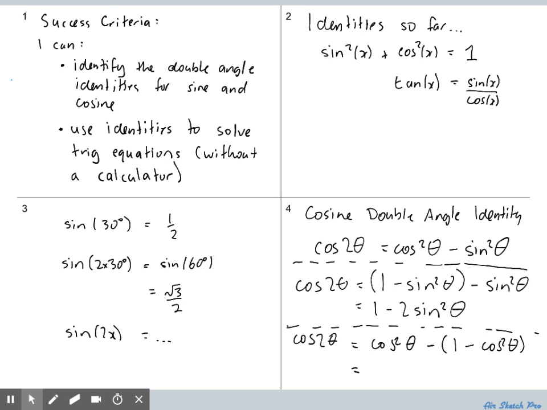And just to confirm what we're seeing here, cos squared theta minus cos squared theta gives me 2 cos squared theta, and then the minus 1 at the end. So there are the two other forms of the same identity.